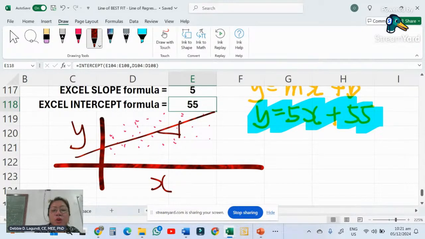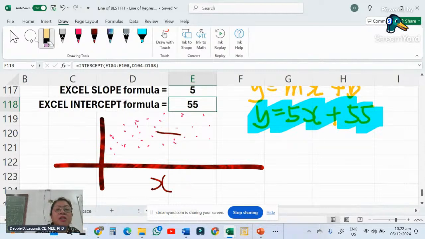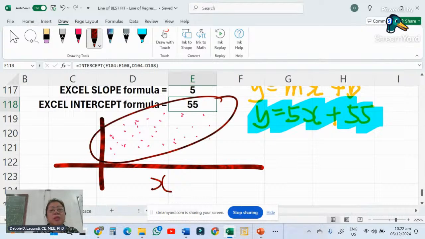So you must have a slope there. You can see the trend of the dots, they are all going up to the right, but you must have a line of best fit to define the trend of the dots.